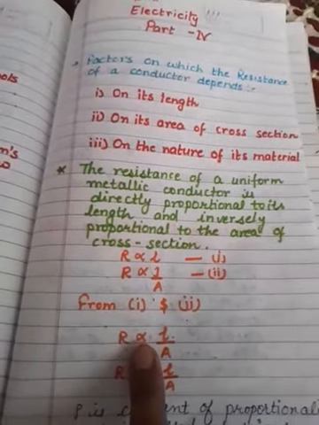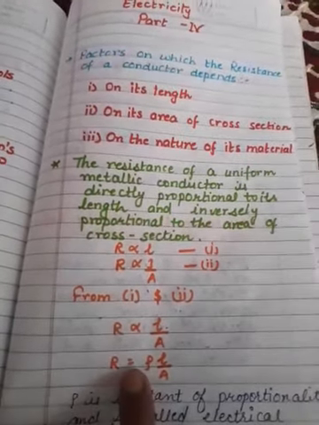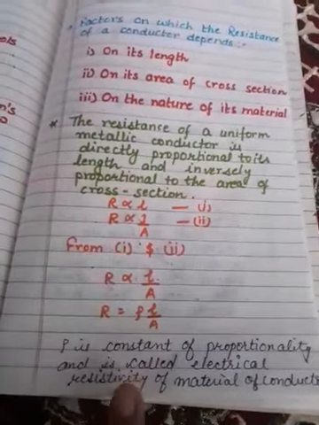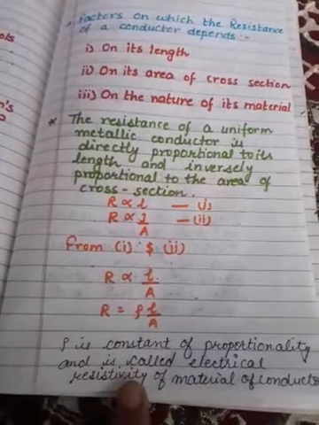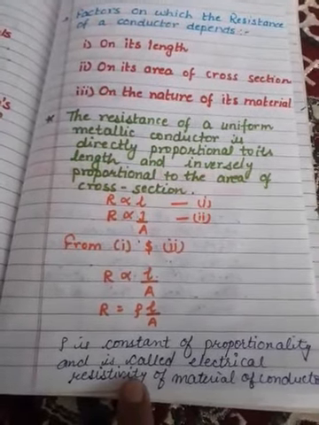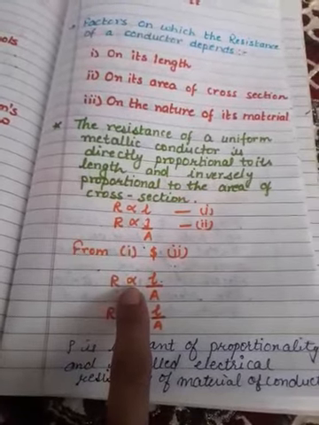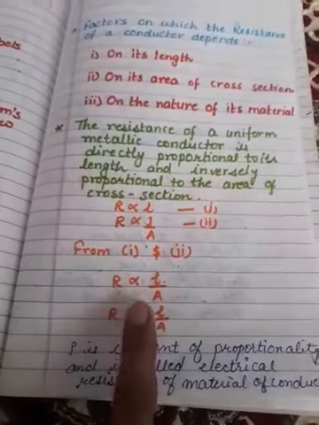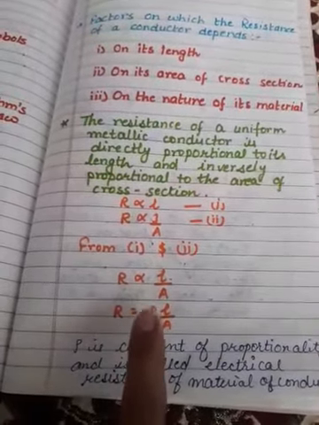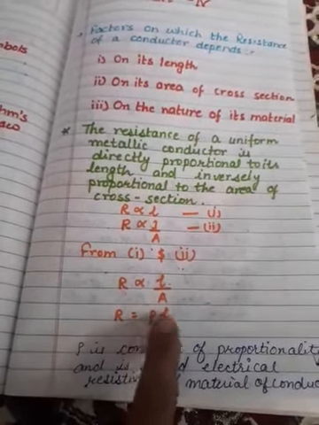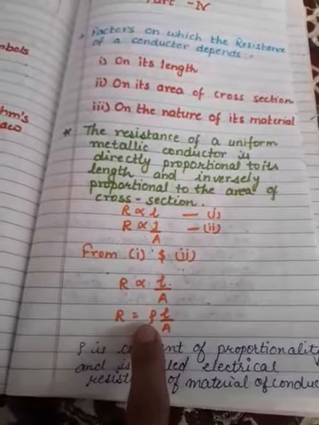To remove this proportionality sign, we will use rho, which is the constant of proportionality, and it is called electrical resistivity of the material of a conductor. If we want to write an equal sign here, then we have to write one constant of proportionality.